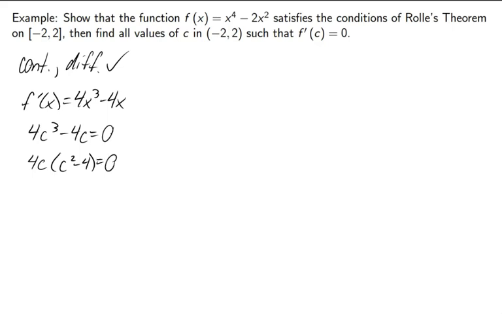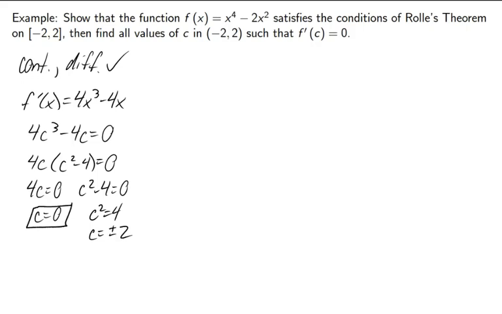And so I get 4c equals 0, or c squared minus 4 equals 0, which gives me c equals 0, c squared equals 4, and thus c equals plus or minus 2. 0 is the value that lies strictly between -2 and 2 that is guaranteed by Rolle's theorem. Let's continue. I don't want to spend a lot of time on this section just because this is more of a theoretical section.